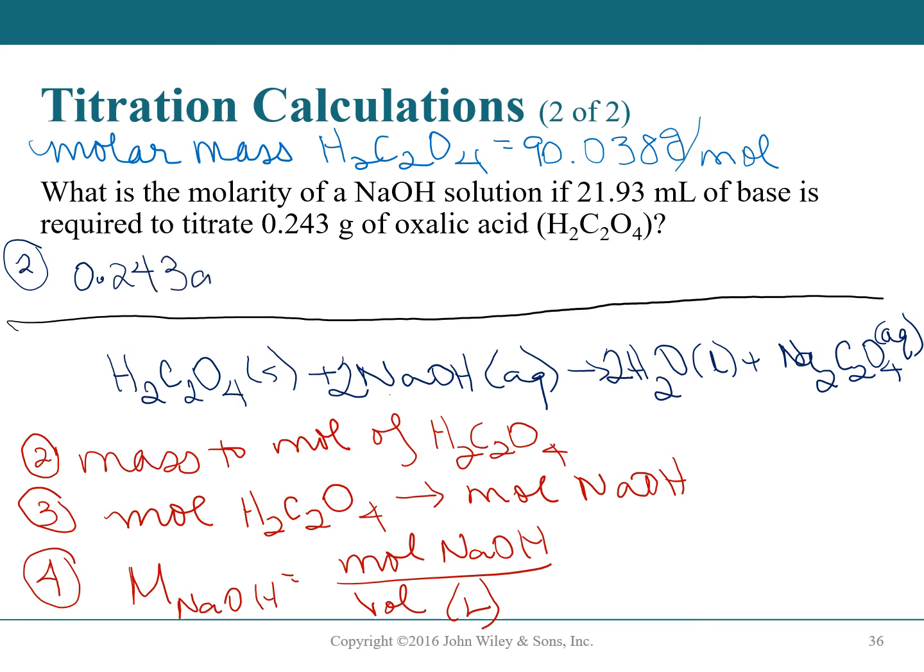Okay, so number 2: 0.243 grams of my oxalic acid, and I know it's 90.038 grams per mole. And that gives us 0.243 divided by 90.038.